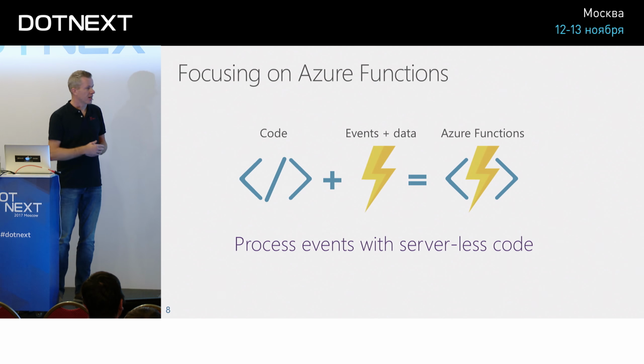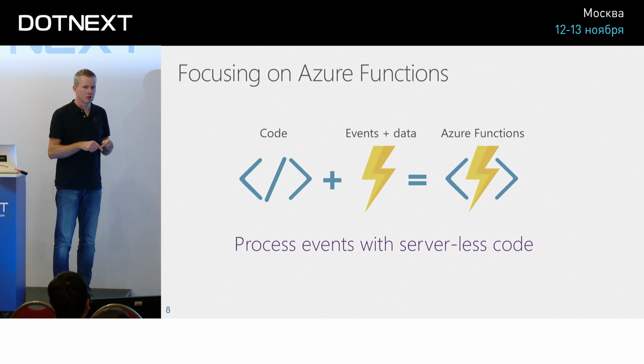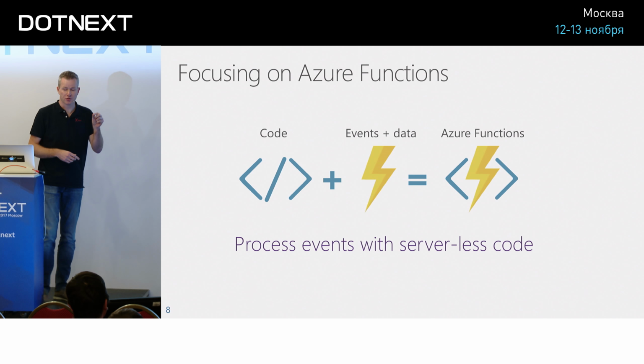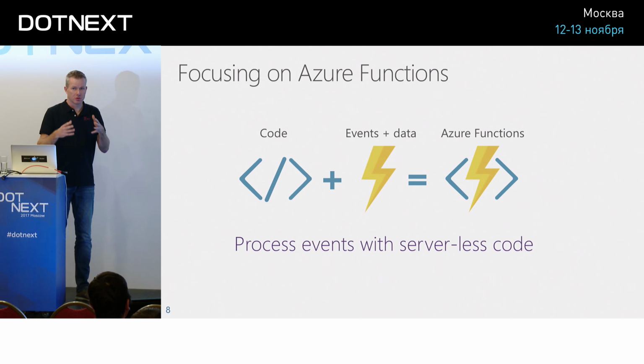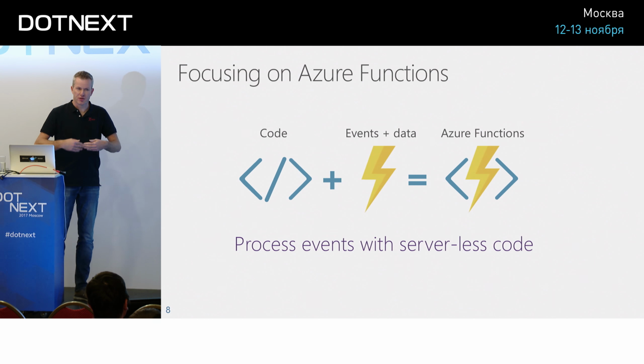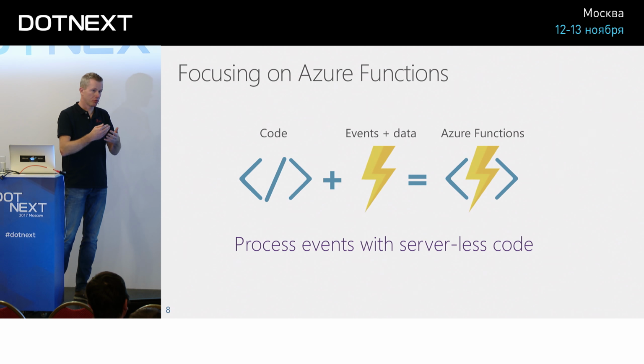So there are a lot of things in Azure, and we'll be focusing on a particular piece of it, Azure Functions. And their model is that you will have code, various types of code. You will have events, and the events give you some data to work with, or you can actually receive some additional data, and that's what you're doing.